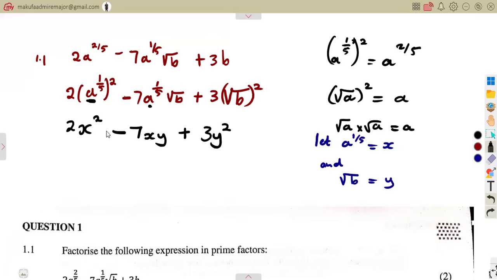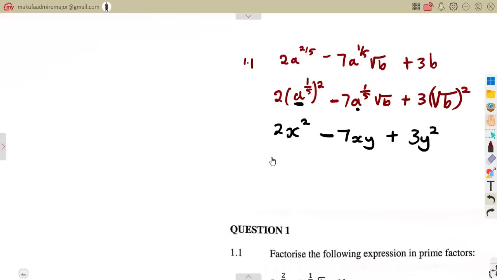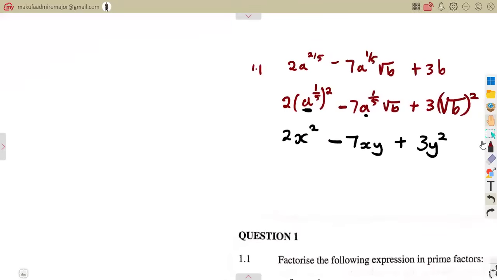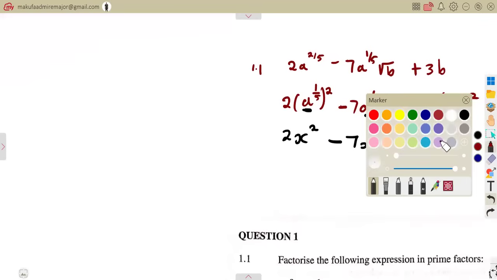Anyways, watch the grade 9, grade 10 videos on factorization of these quadratics, easier ways that you can have. But in your syllabuses and your textbooks, most of you apply this. I'm just going to talk about it, but no problem.